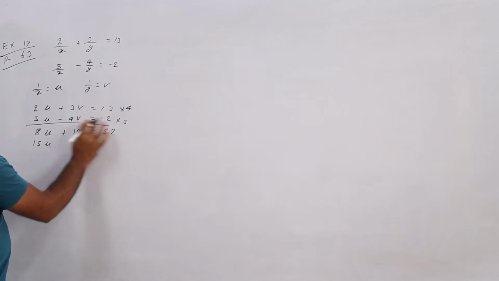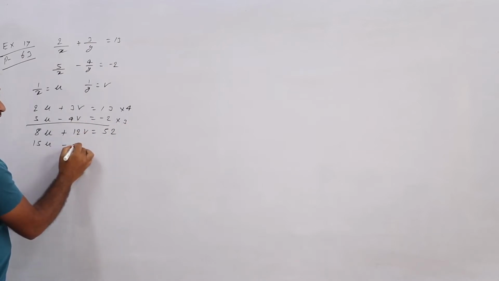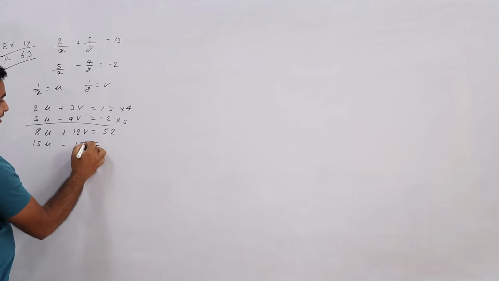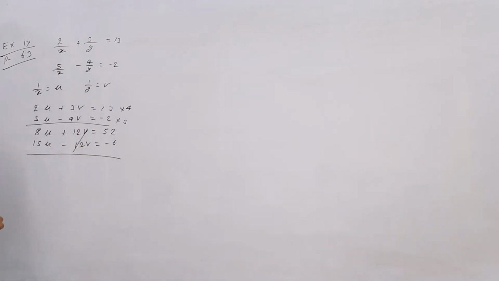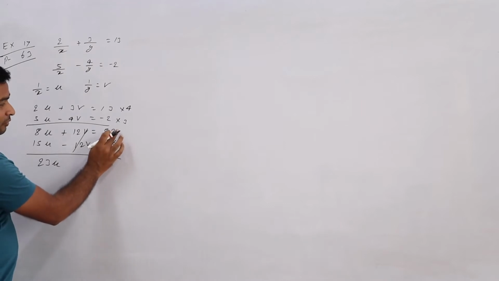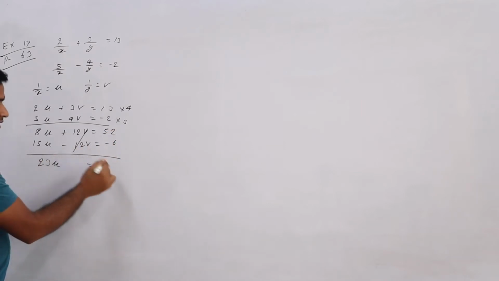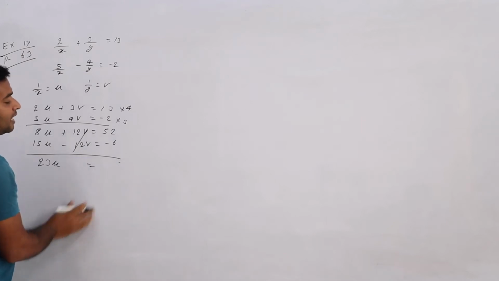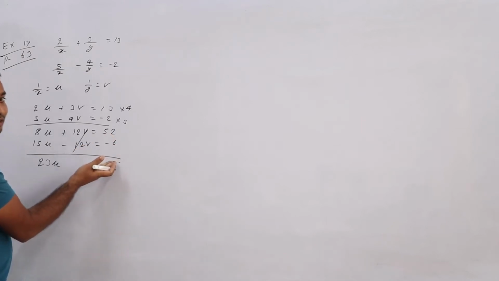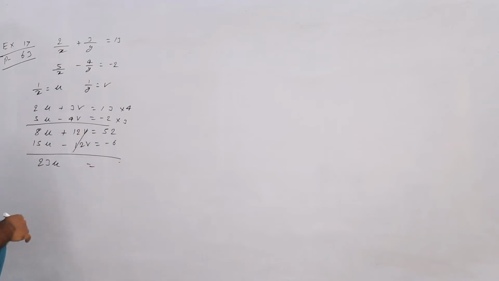15u, then 3 4s, 2 3s, minus 6. So this gets cancelled. So here 15 plus 8, that is 23u. Now 12 minus 6, how can you subtract 2 minus 6?